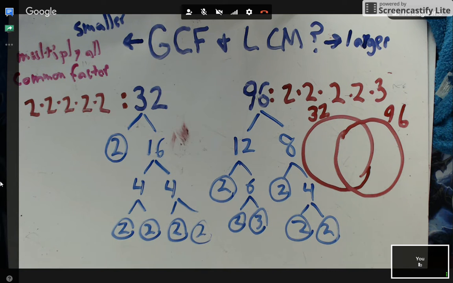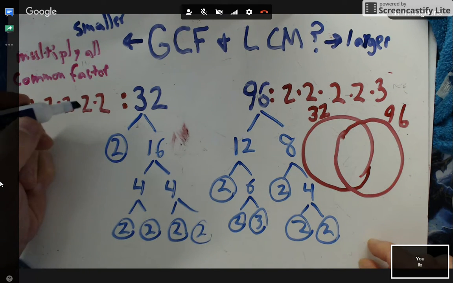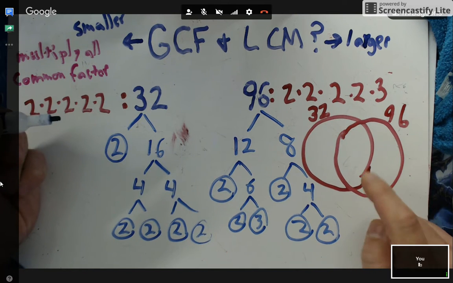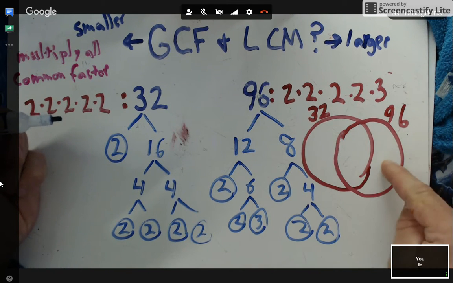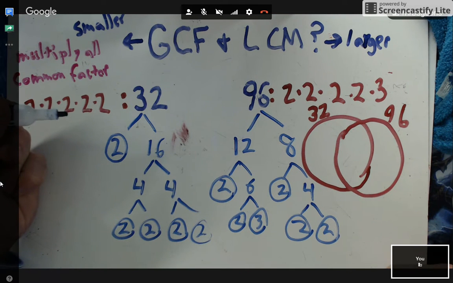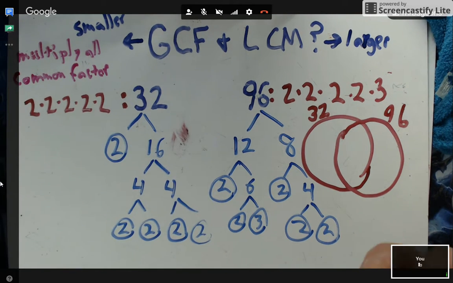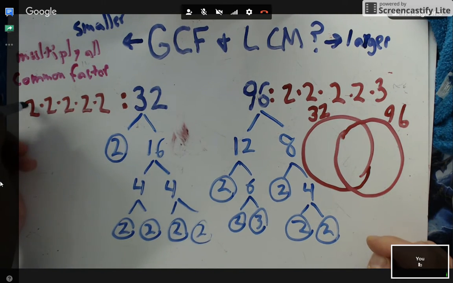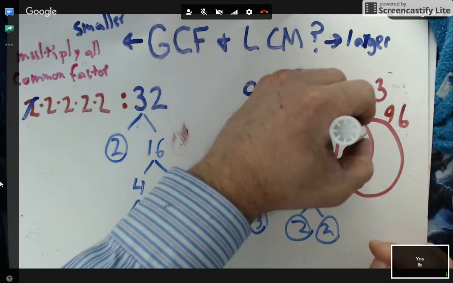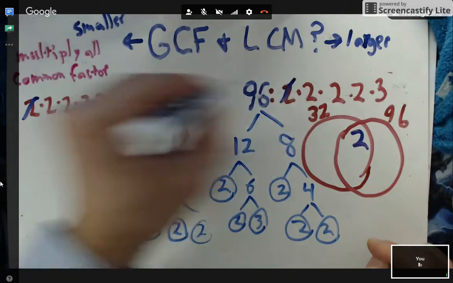Yeah. Okay. So now, the factors that they both share, are they going to go off to one side or the other, or are they going to go in the middle, where they're both linked together? If they share the common factor, they both go in the middle. So I see a 2 and a 2, right? So that one's going to go in the middle. I see a 2 and a 2.